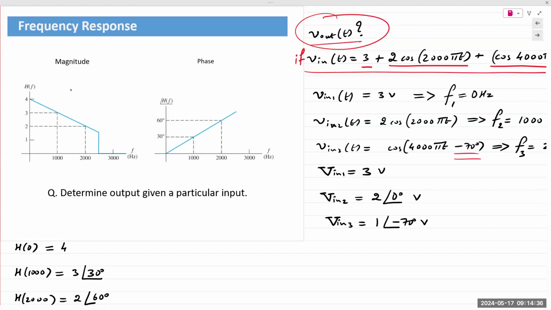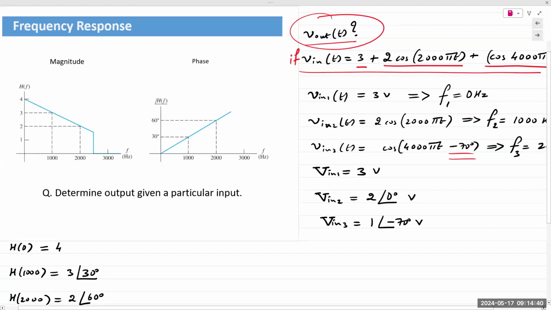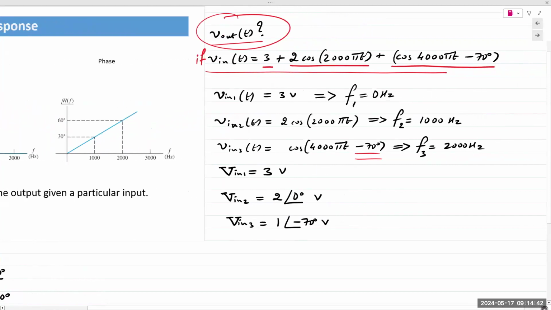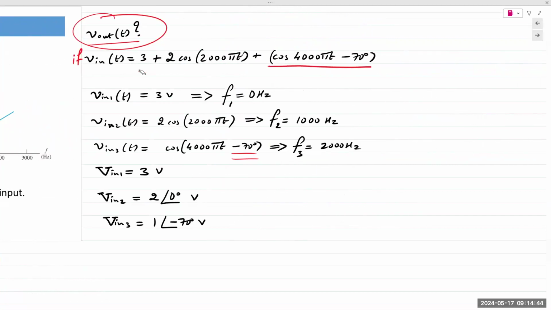V in of T has three components. So let's take a look at that expression. Find V out of T if V in of T is 3 plus 2 cos 2000 pi T plus cos of 4000 pi T minus 70 degrees.